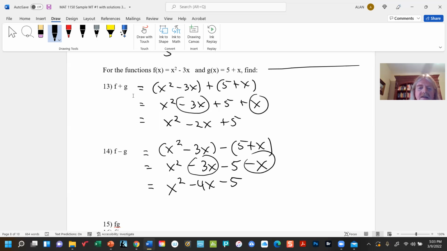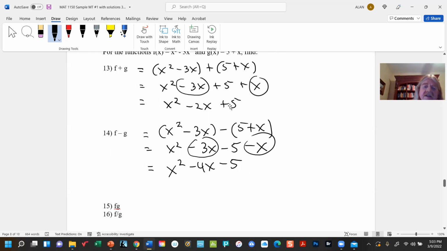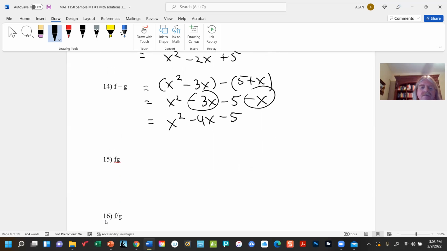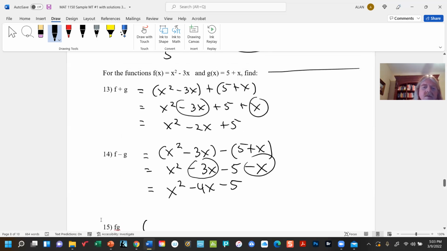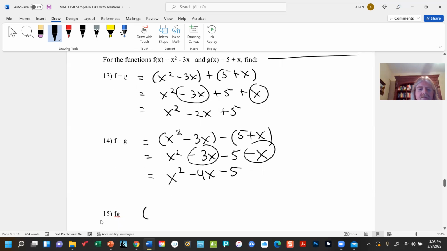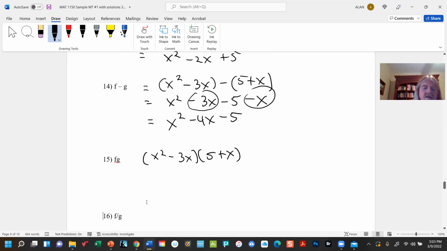All right. Now, for multiplication, in a case like this, you might as well use FOIL because they're both binomial expressions. You've got x squared minus 3x times 5 plus x. All right.